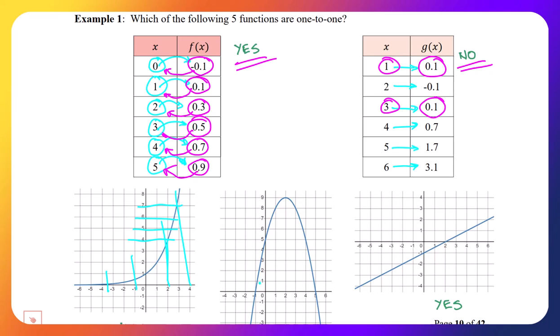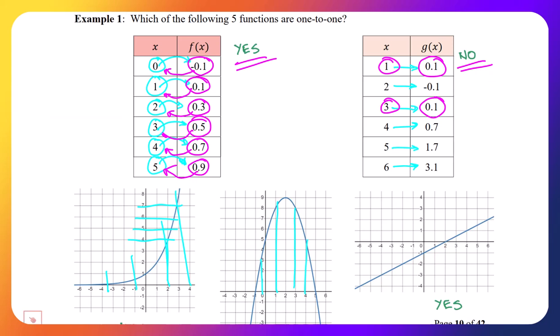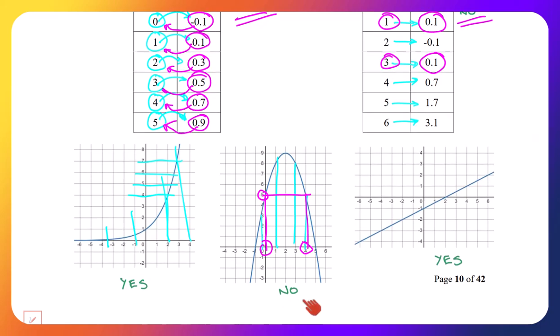But yes, every one of these x values has its own y value. But, for example, this y value has two x values. So this is not one-to-one.